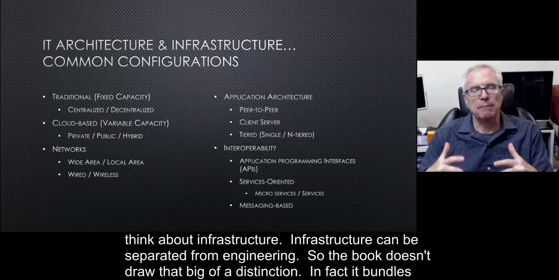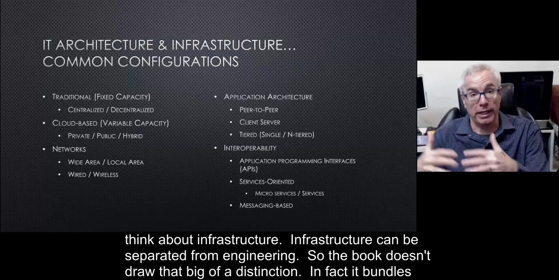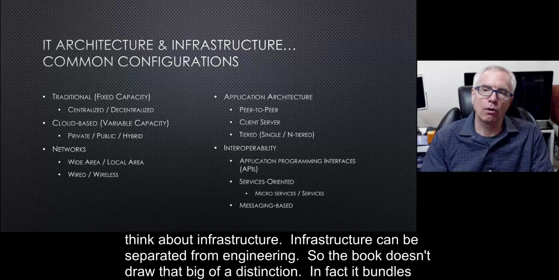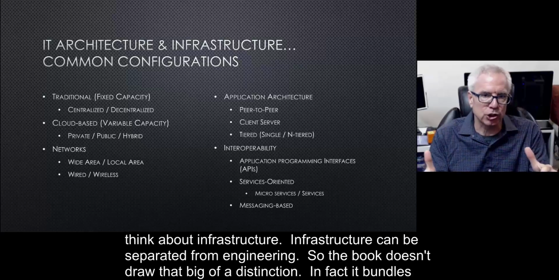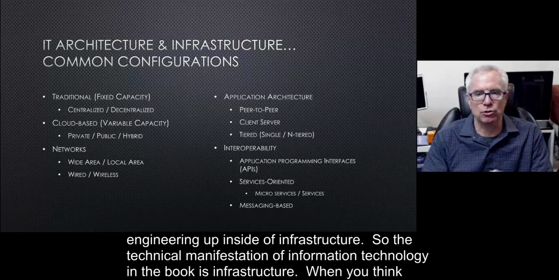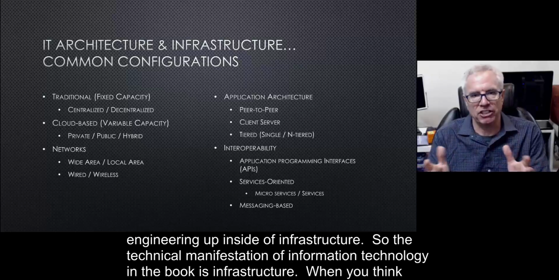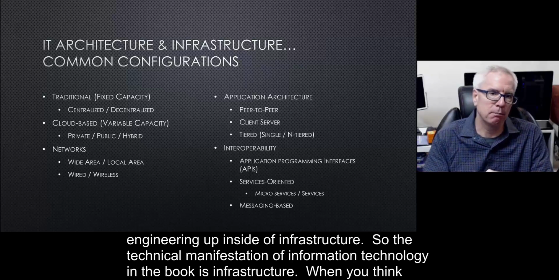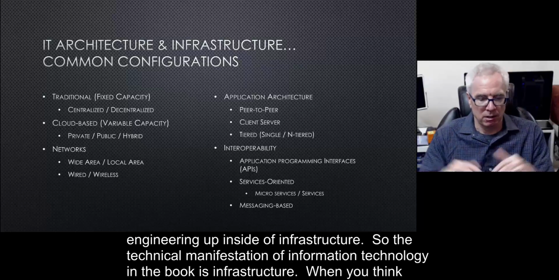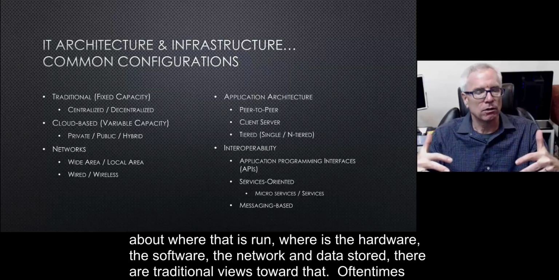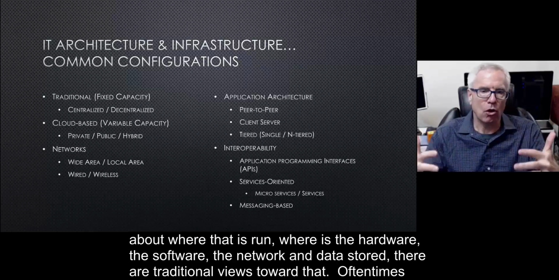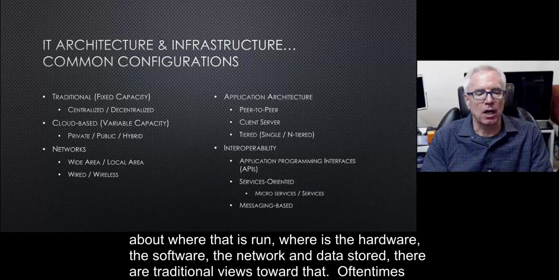Infrastructure can be separated from engineering. So the book doesn't draw that big of a distinction. In fact, it bundles engineering up inside of infrastructure. So the technical manifestation of information technology in the book is infrastructure. When you think about where that is run, where is the hardware, the software, the network, and data stored?